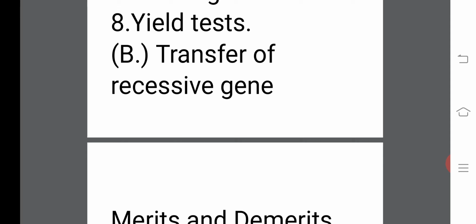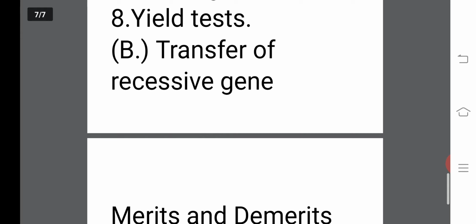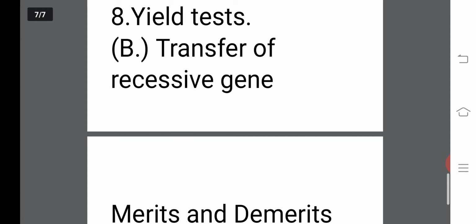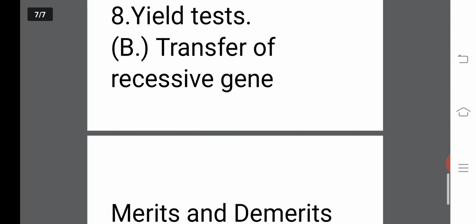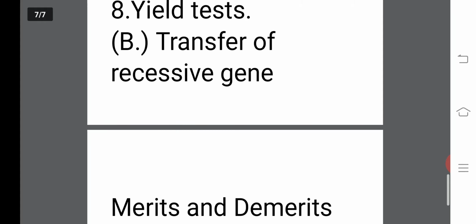The generalized scheme for the transfer of recessive gene is the same as the transfer of dominant gene, that is hybridization, F1 generation, BC1, F2, and BC2 generation, BC3, F2 generation and so on. So we can see that the transfer of recessive gene is the same as the transfer of dominant gene.